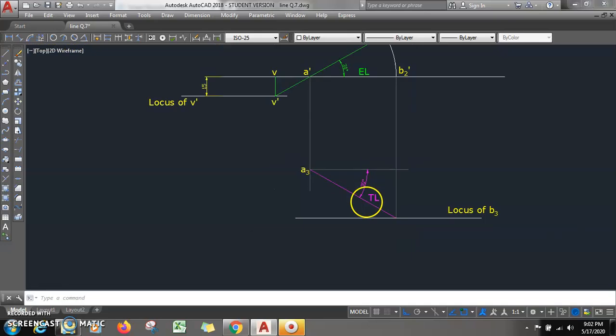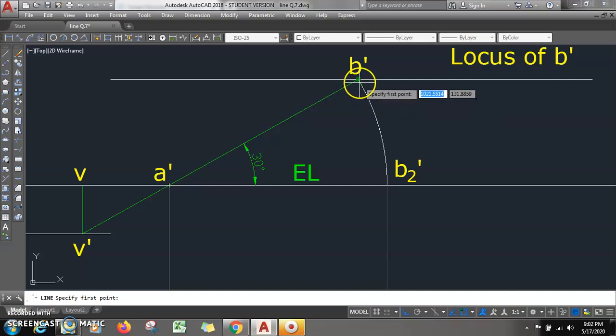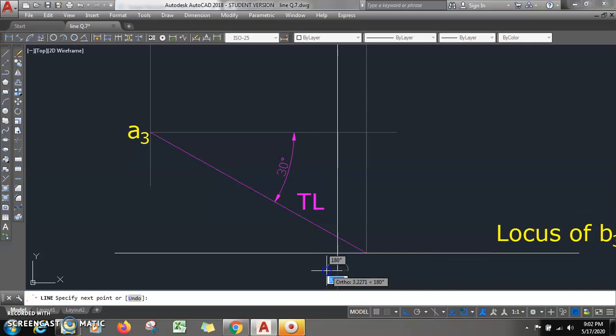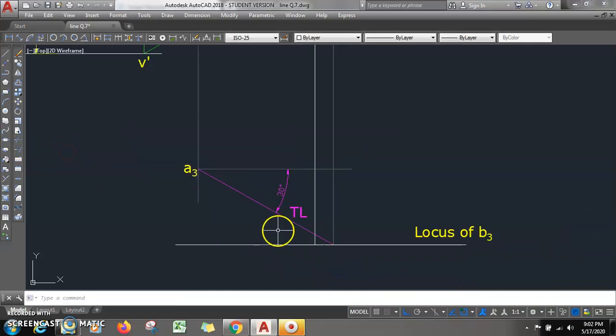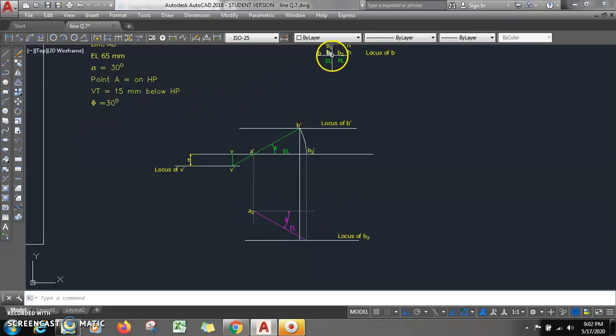Okay, now what we know, B dash and B always lie on same line. So from B dash I will draw one vertical, that vertical will cut this horizontal axis line. ये पॉइंट if this point is A3, यहाँ पे कौन सा पॉइंट मिलेगा, that point becomes B3, you see.